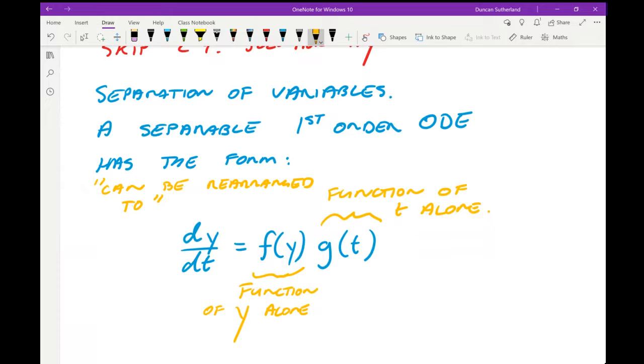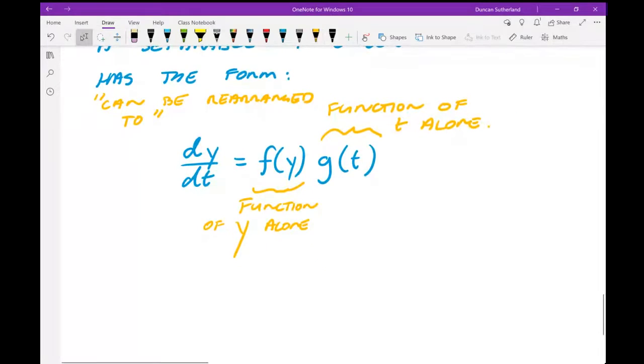Now, what that lets us do is it lets us rearrange the equation in a certain way. It lets us separate the equation.